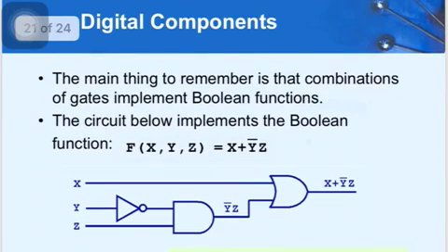And coming to the logic diagram, in a logic diagram we use logic gates to represent the Boolean expression or the Boolean function. Here the Boolean function is given as X or Y complement Z. The input is Y complement, so we use an inverter, that is a NOT gate, for the input Y. Between Y complement and Z we use an AND gate.